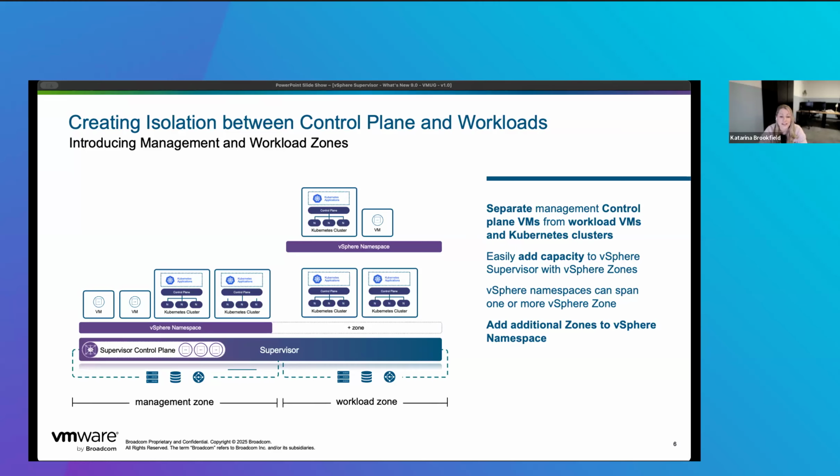When you first enable supervisor, the first cluster that will be created will be marked as a management zone, but you will then have the ability to add additional zones to supervisor without having to deploy additional control plane nodes to reduce the footprint and to give you a greater possibilities of how you want to structure your infrastructure. Once you add additional zones, you can also then expand these namespaces to use multiple of these simply within the user interface.